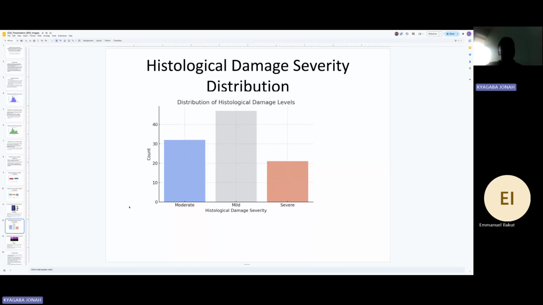We also try to look at the distribution of the different conditions, because we are going to train a machine learning model. The moderate have around 32 images, the mild around 48, and the severely damaged, which are the damage levels of the different kidneys, around 21.